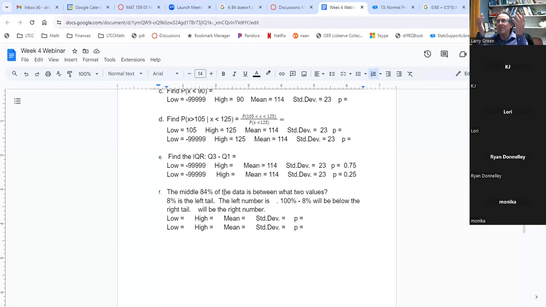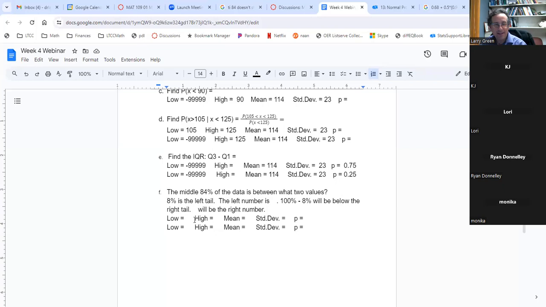If 0.16 is the total of the two outsides, how much is on the left? Yeah, so the left tail will have 8% or 0.08. Okay, any questions on that?